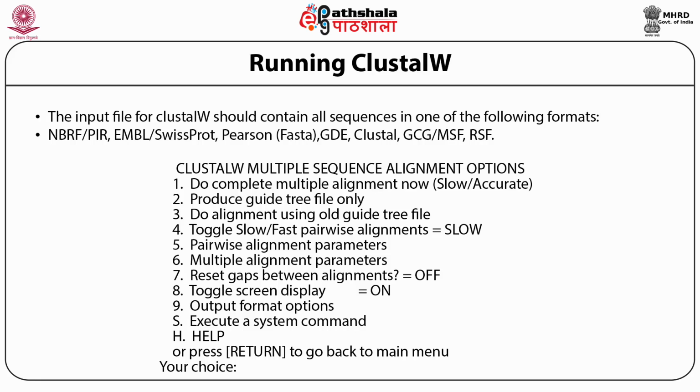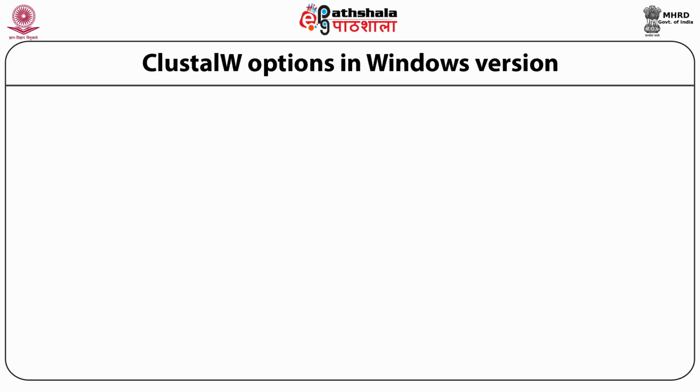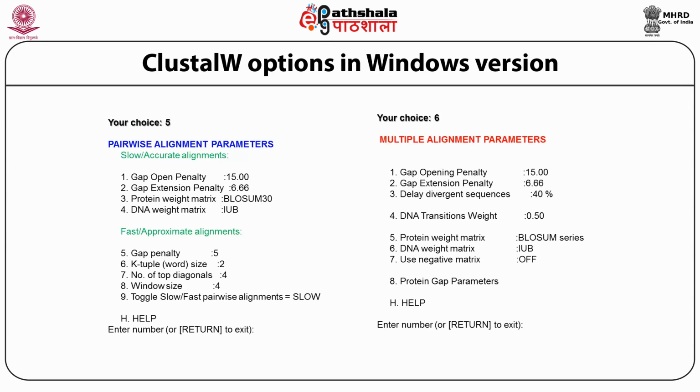So assume that you run the ClustalW program, and the program will ask for a choice of which method you want to use. Either you want to do a slow accurate, or a fast accurate, or you want to generate a phylogenetic tree. So once you get the choice of which alignment you want to do, assume that you have entered the choice of 5. The choice of 5 is nothing but pairwise alignment.